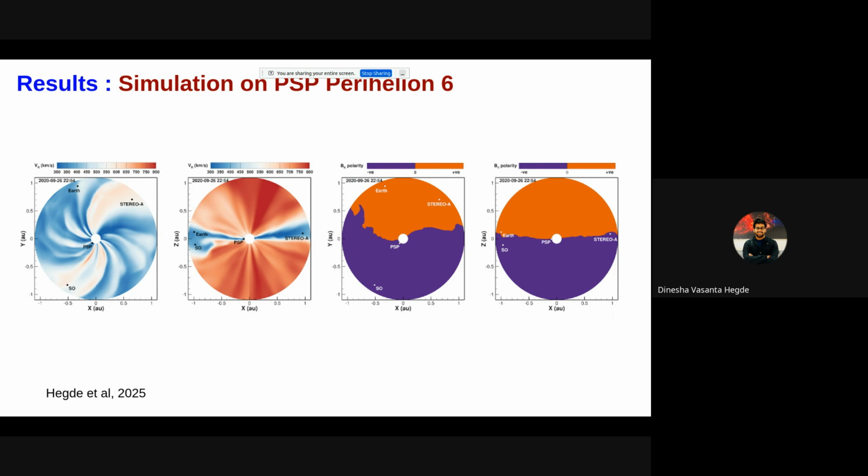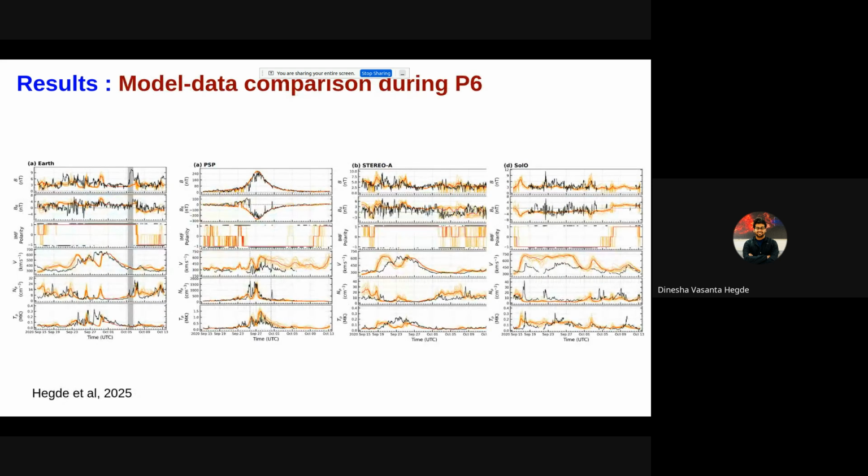You can see the time-dependent effect on the equatorial solar wind solutions, and also the slow wind regions near the equator. This is a typical condition in solar cycle minima, and the current sheet can also be seen. So this is how the validation looks at multiple locations.